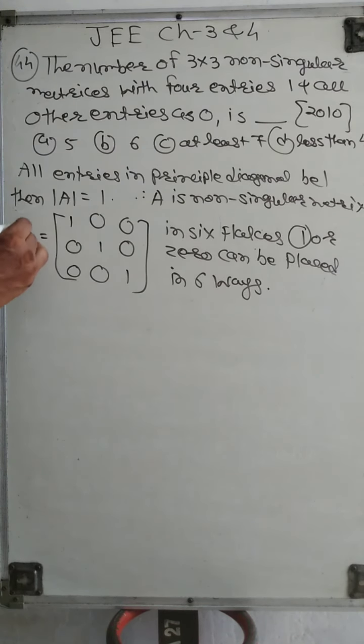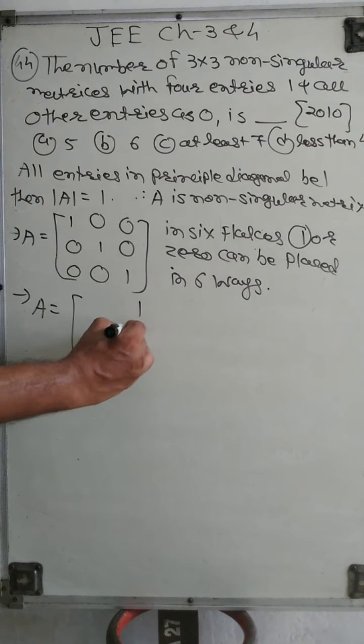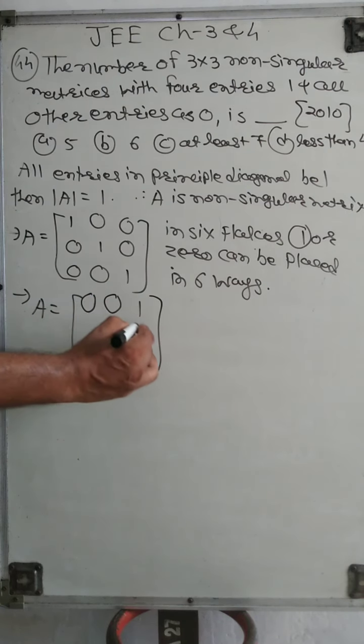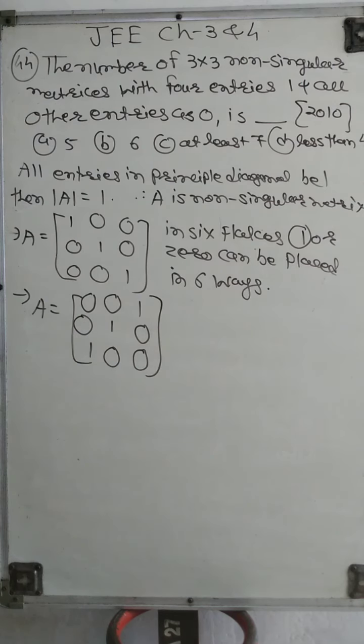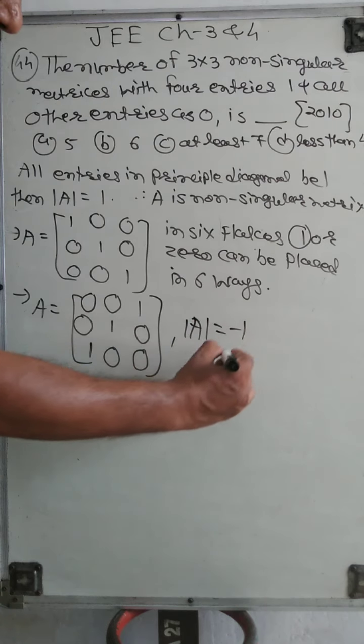Now the next case: A has the secondary diagonal with 1 1 1 entries, and all the rest entries are filled with one entry 1 and all the others 0, but here the determinant is -1.